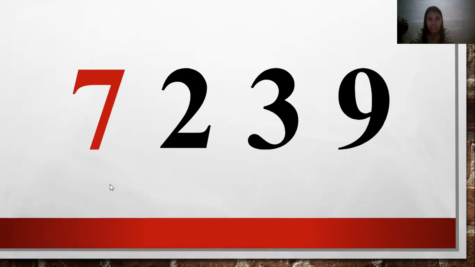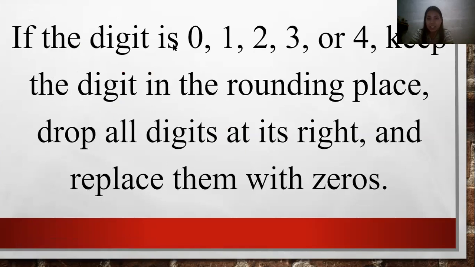Eh sabi po dito, tingnan nyo po, kapag ang digit ng katabi ng i-round off natin ay 0, 1, 2, 3, 4 o alin man dyan hanggang 4, mananatili yung number na yon. Hindi tayo mag-a-add. Mananatili siyang number, wala tayong idadagdag, pero yung mga kasunod niya ay magiging 0, 0 na.